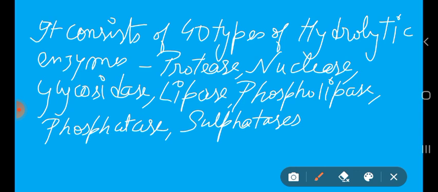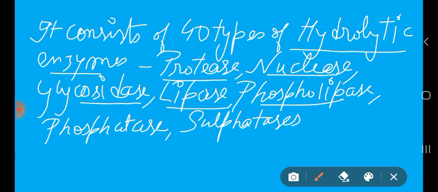Right? Now the activity of these hydrolytic enzymes requires acidic pH. So for the activity of these acid hydrolases, lysosomes have to maintain a pH.